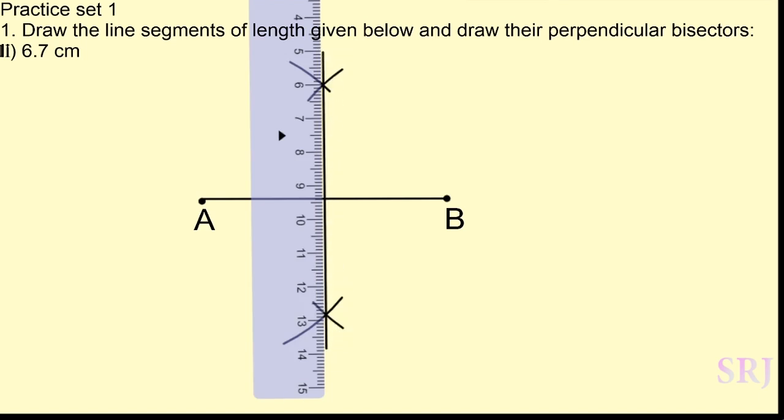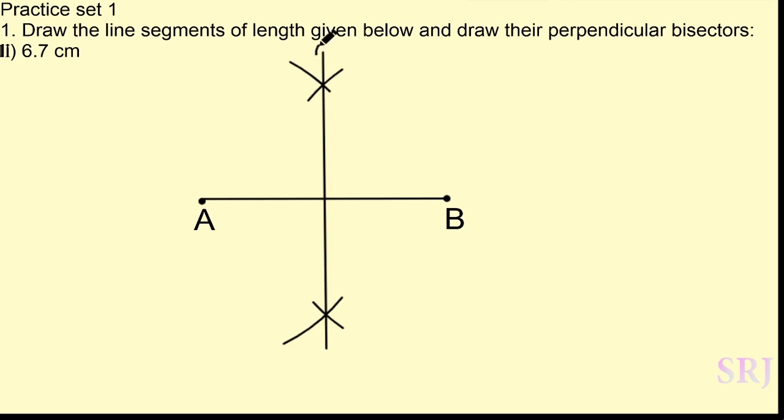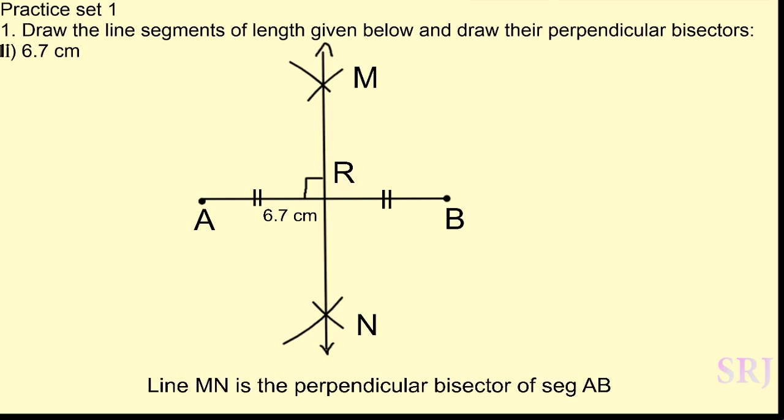Draw arrows at both the ends, and name the points of intersection as M and N. Name the point where the line cuts AB as R. As we can see, line MN has divided the segment AB equally. So our final statement will be: line MN is the perpendicular bisector of segment AB.